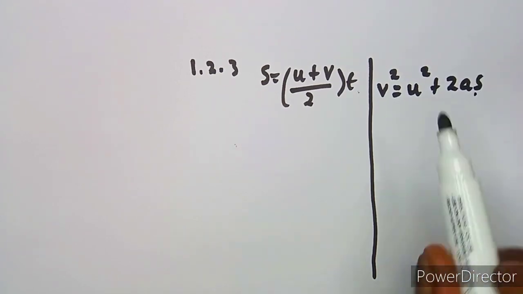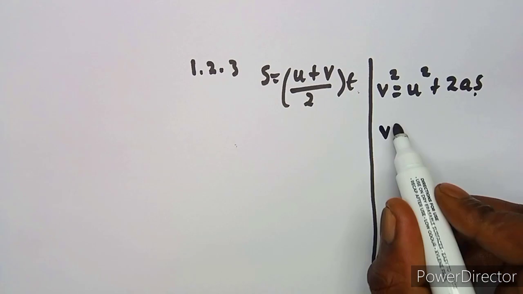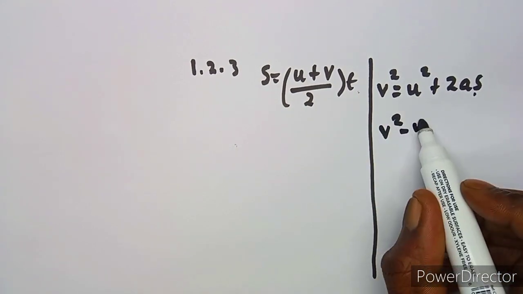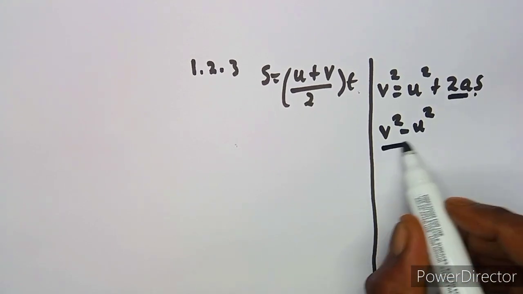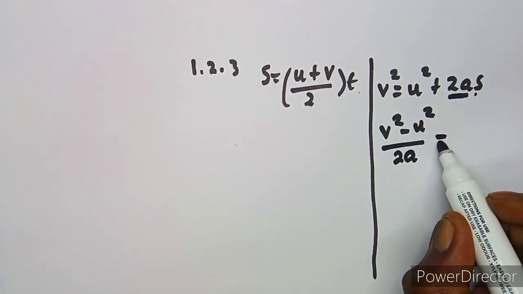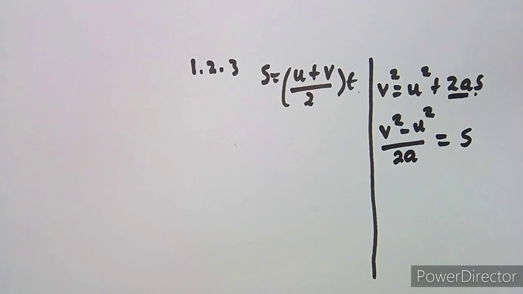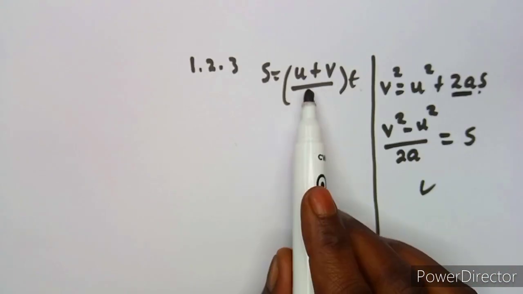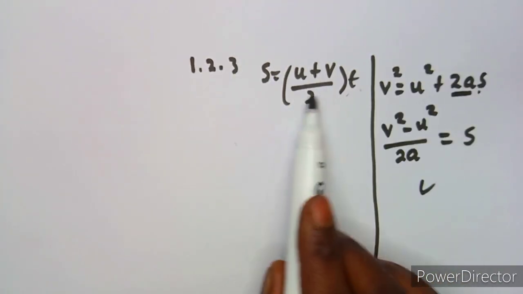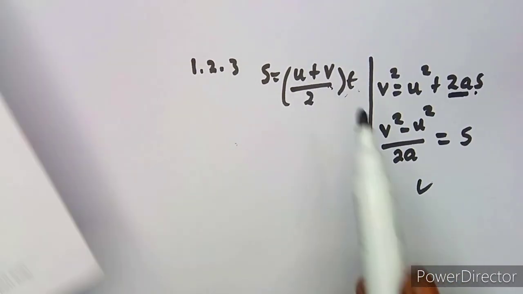Then they make s to be the subject, which is V squared minus U squared, then definitely going to divide by 2a like this, which is equal to s. So still you can use this one. All right, so me using this one, it is not going to affect me because I'm using the values which were already there.